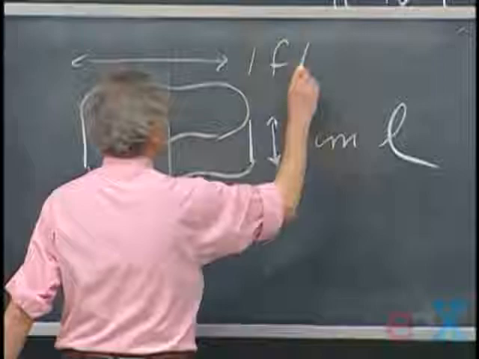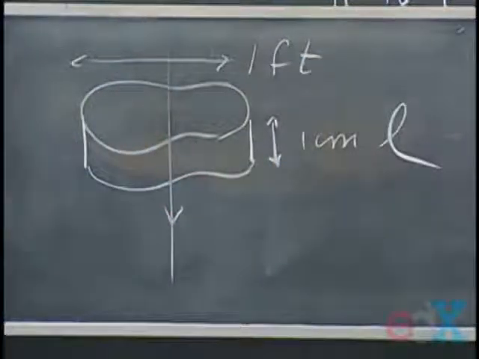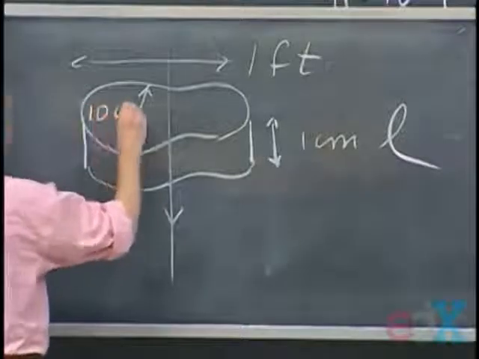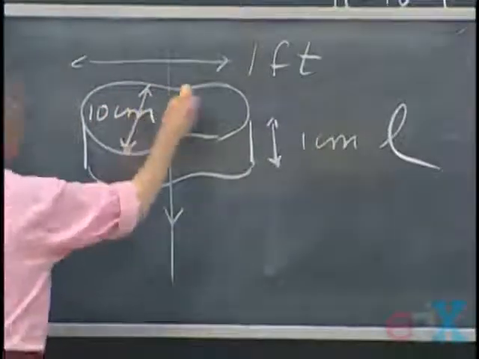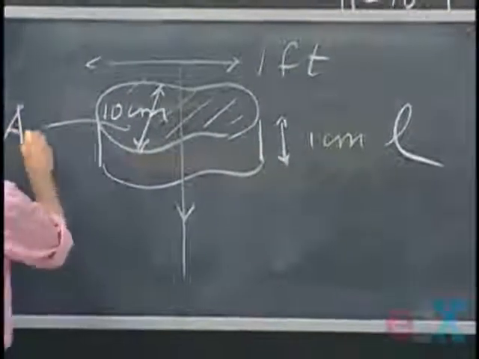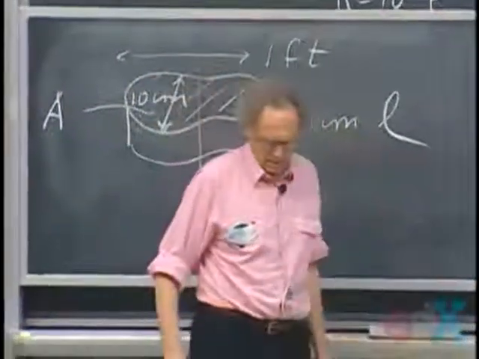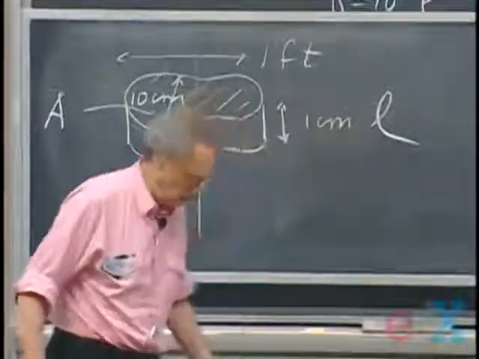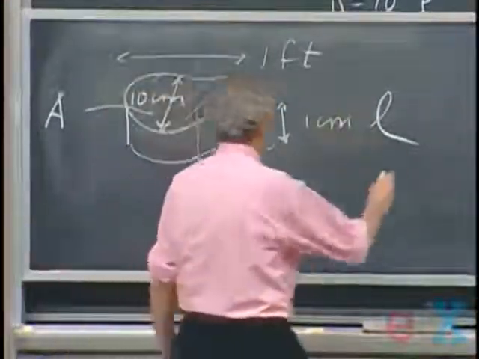Let's say it's 1 foot long, no pun implied. And let's say it's about 10 centimeters wide. So you can calculate what the surface area A is. You know what L is. And if you know now what the resistivity is for my sole, I can make a rough guess.